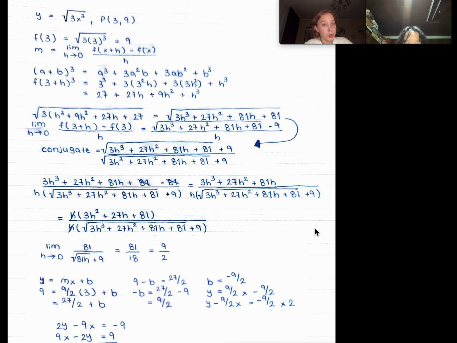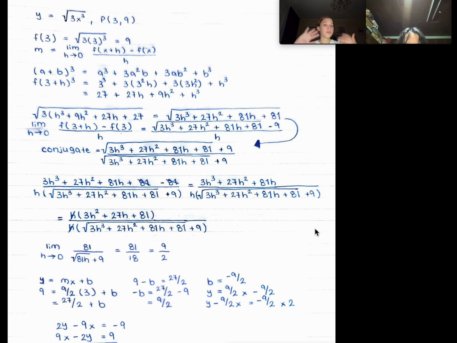And m, which is the slope, is 9/2. We see that we don't know the value of b. So we put in the values instead of y and x just to find the b value. We know that 9/2 multiplied by 3 will be equal to 27/2, so 9 will be equal to 27/2 plus b.